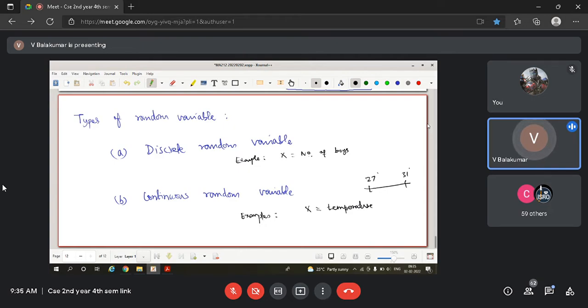I cannot have 1.5 for this capital X. Do you see that? Discrete values only will be taken by the random variable. But here, this random variable can take any value in between 27 to 31, 27.3 degrees. That also will be taken. Possible. Here it is not possible. You cannot say 27.3 boys are there.